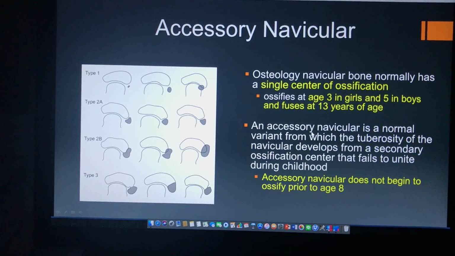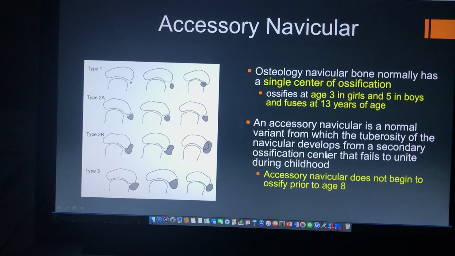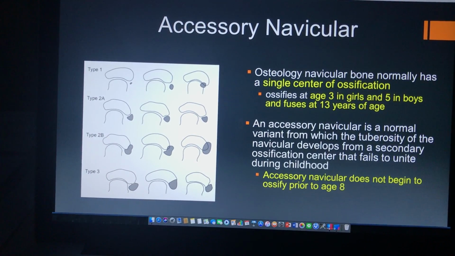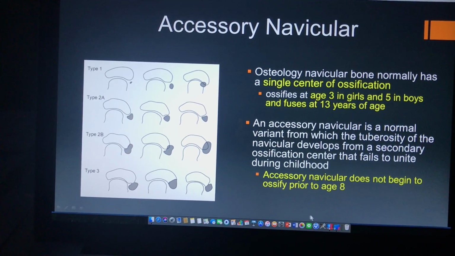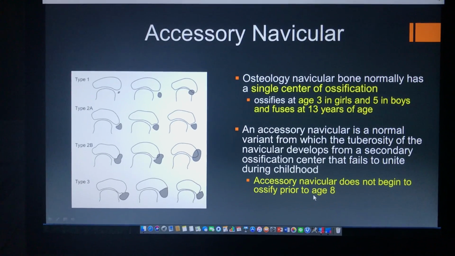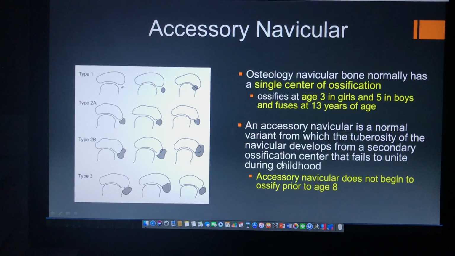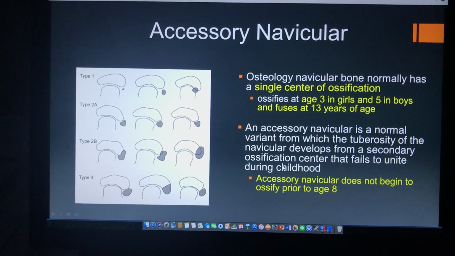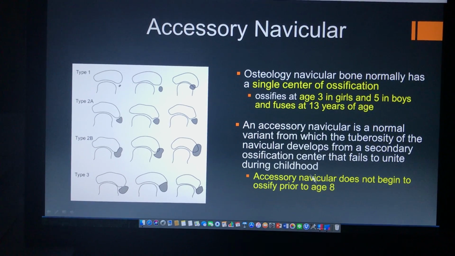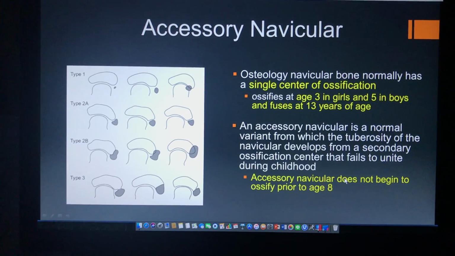But the accessory navicula usually occurs and fuses, but not earlier than 8 years old. The problem happens because it fails to fuse with the main navicula, so it can be present when the patient grows up and cause pain.